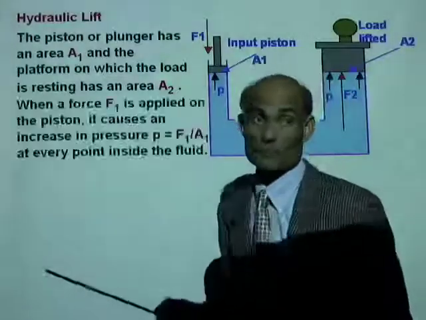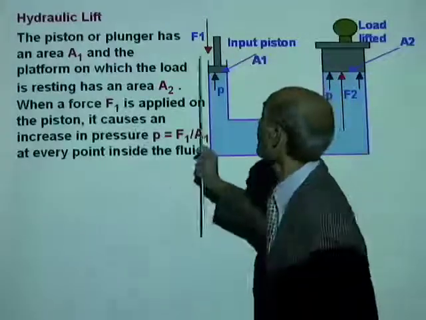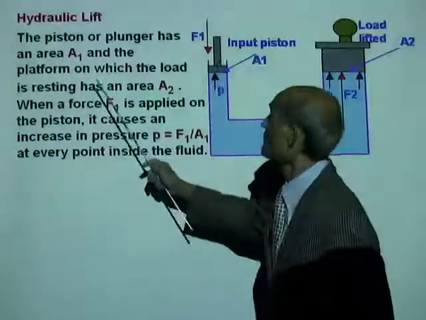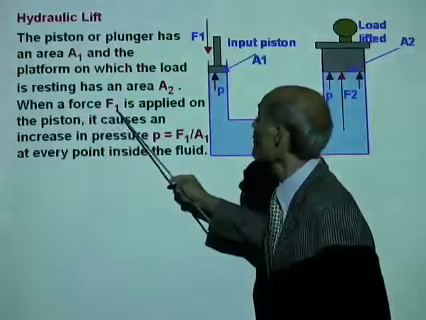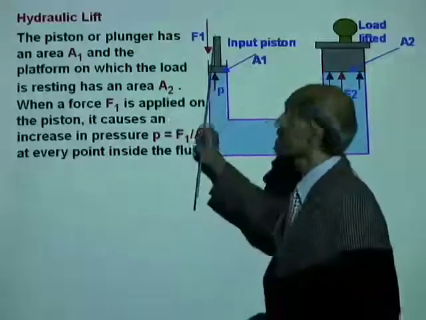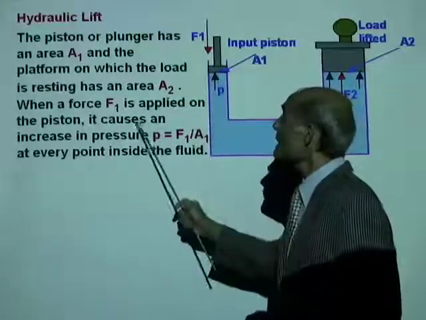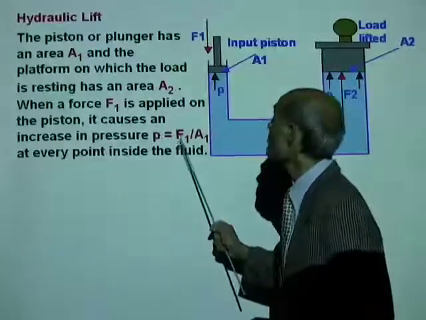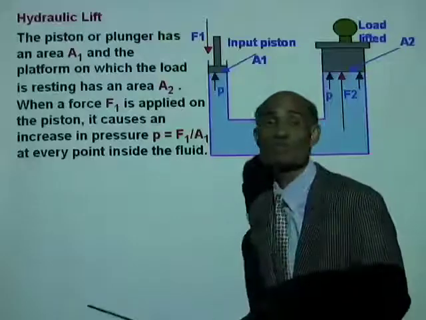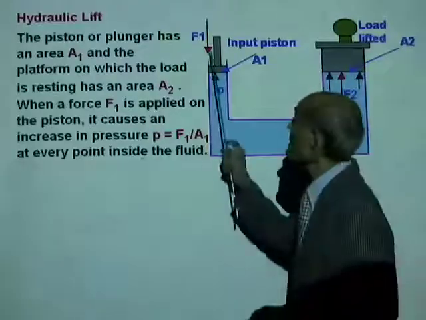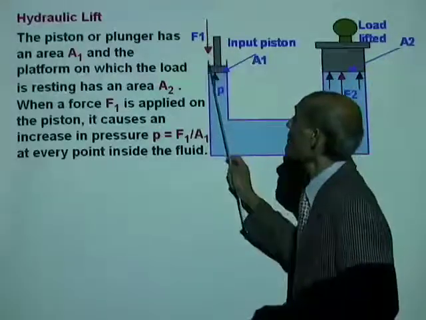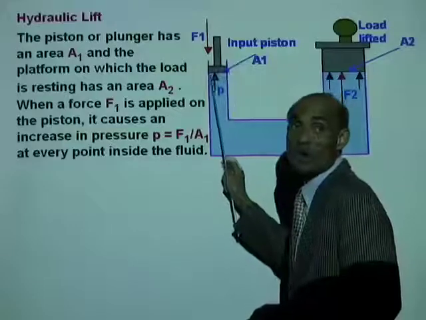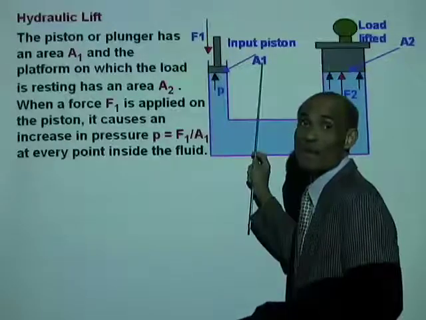Alright. When you apply a force on the plunger, when a force F1 is applied on the piston, it causes an increase in pressure P equal to F1 over A1. You apply a force F1 distributed over an area A1.